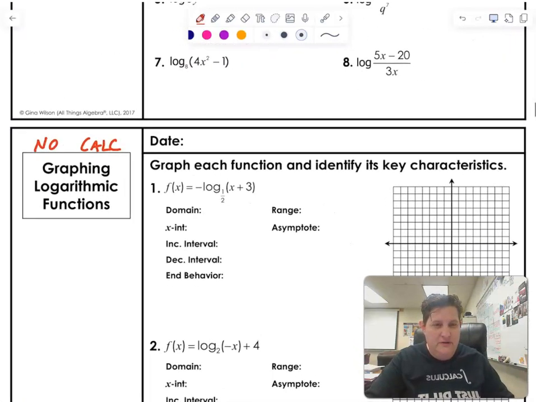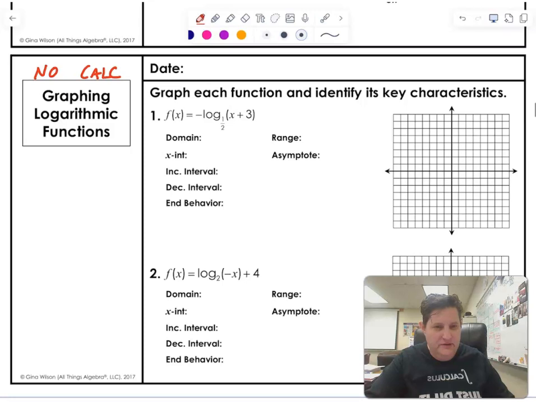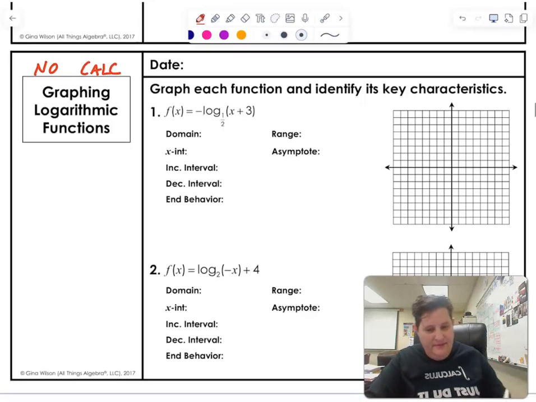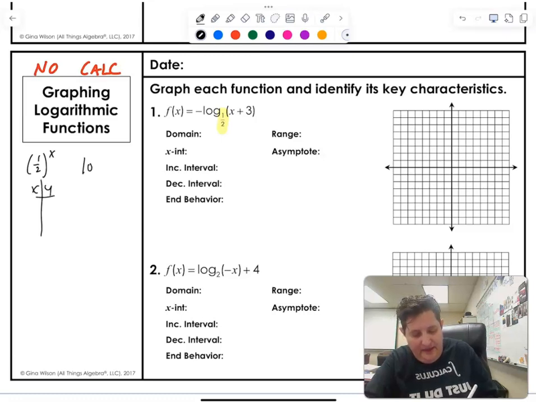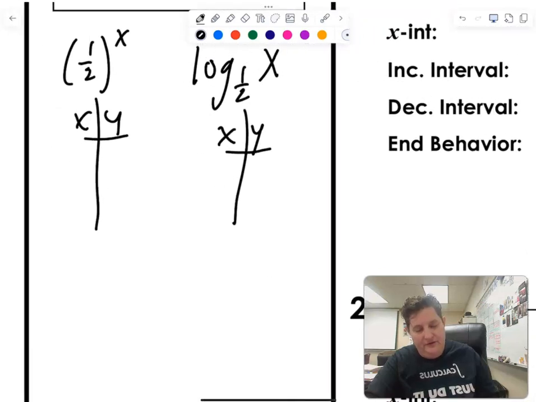So I want to do these with no calculator. All right? Okay, now, the way I'm going to have it set up is, whatever this number is, I'm going to have it like this. 1/2 to the x and a little table for you to fill in. And then log base 1/2 of x and a little table for you to fill in. Okay? So you do that first.